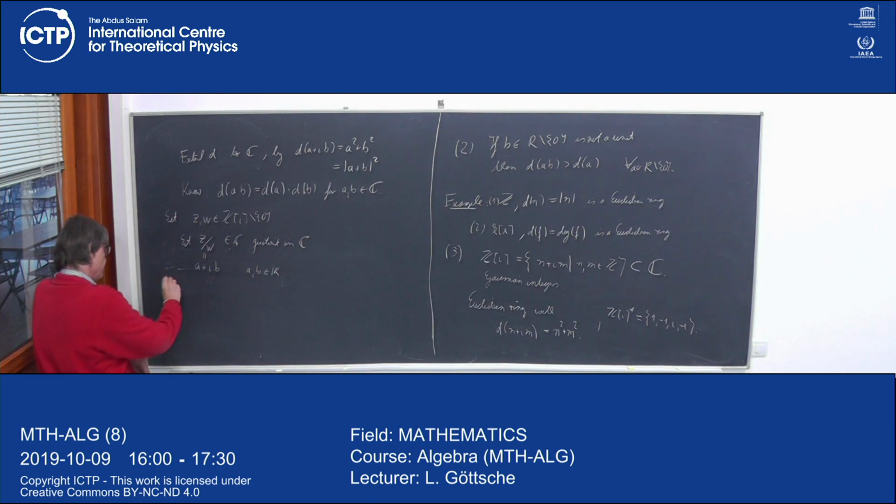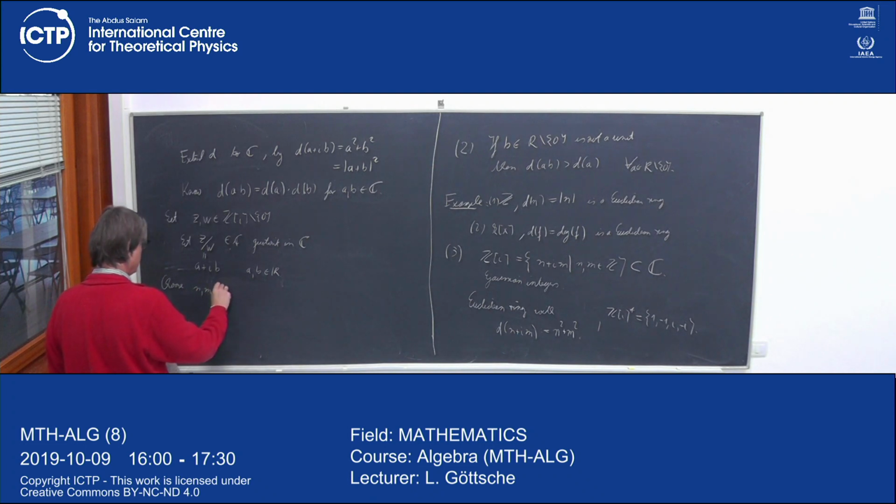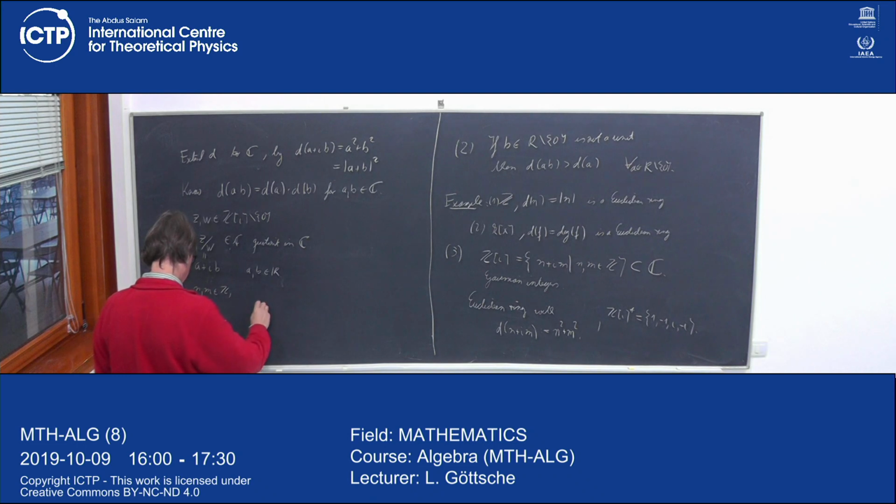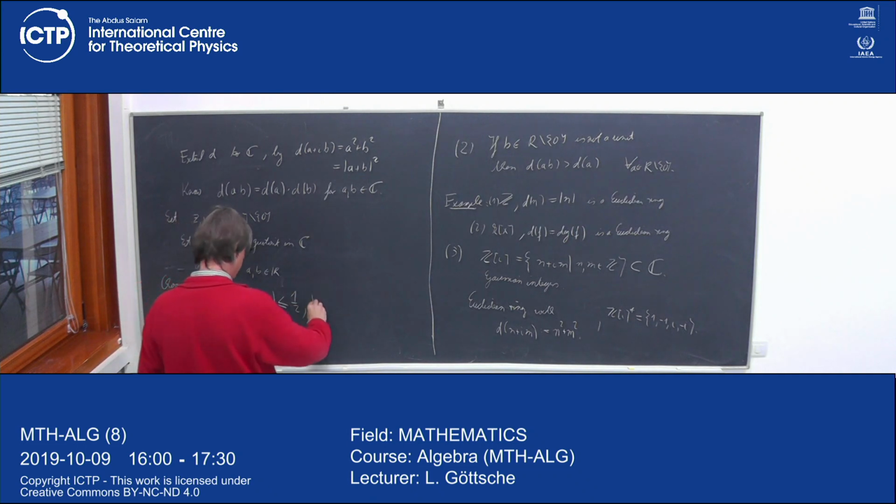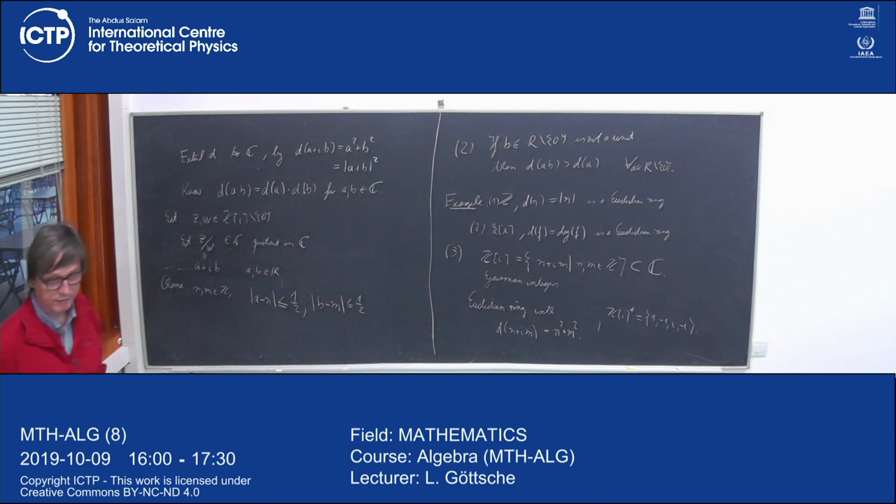Then we choose n and m such that the absolute value of a minus n is smaller or equal to 1/2, and the absolute value of b minus m is smaller or equal to 1/2. Obviously, you can always do this. If you have real numbers, the nearest integer will be at most 1/2 away.